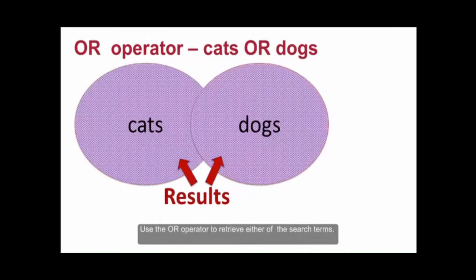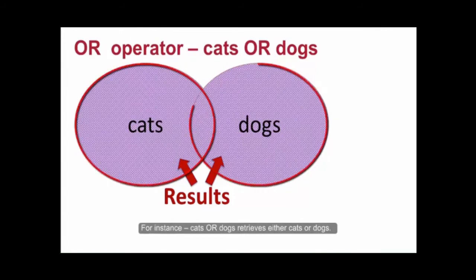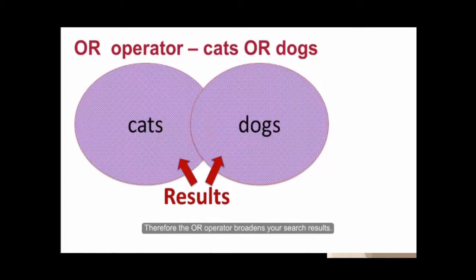Let's continue. Use the OR operator to retrieve either of the search terms. For instance, cats or dogs retrieves either cats or dogs. Therefore, the OR operator broadens your search results. Okay, at this point, another connector is the OR.